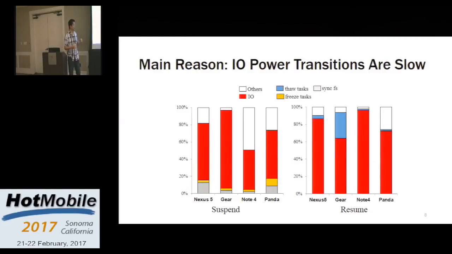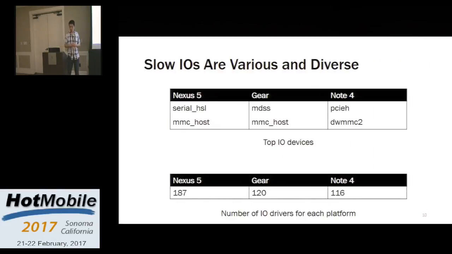If we look at a breakdown of the entire suspend and resume, we can see that the red bar, which represents I/O power transitions, dominates. That's why suspend and resume is slow: the I/O power transition is pretty slow. If we take a step further, here are the top 2 devices on 3 platforms which use most of the time.